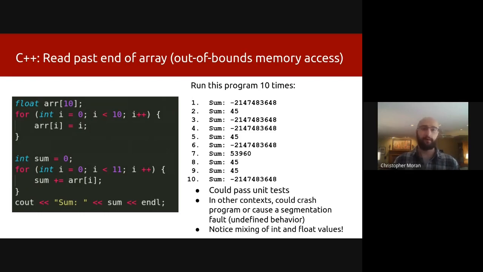Looking at this code, if you know C++, you're probably seeing at least a couple of issues right off the bat. First of all, we're allocating an array of floating point values, but then we're filling it with integers. We have an off by one error that's very easy to see in our second loop.